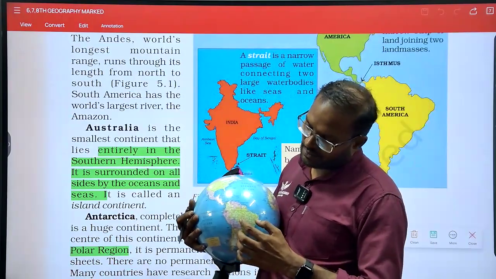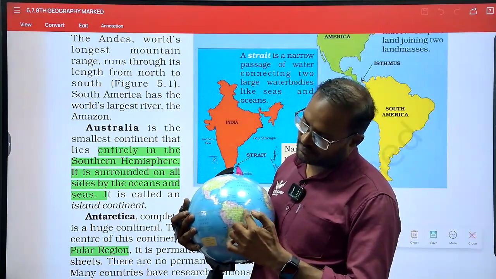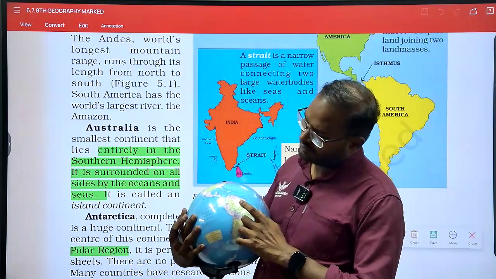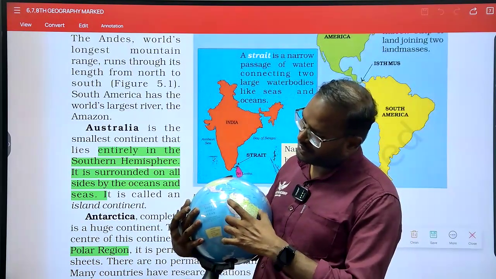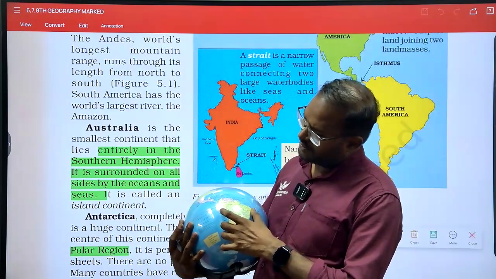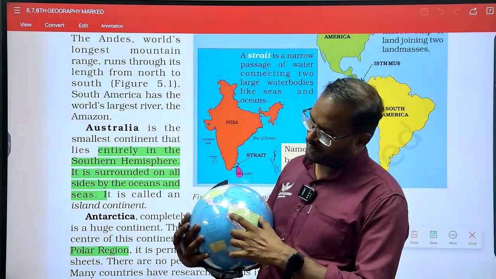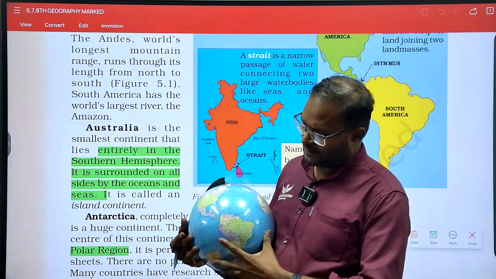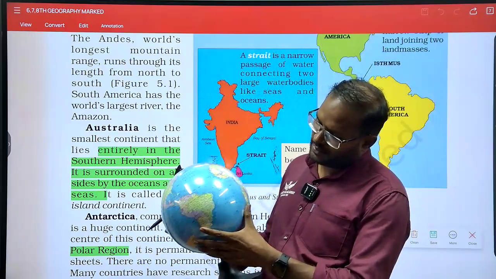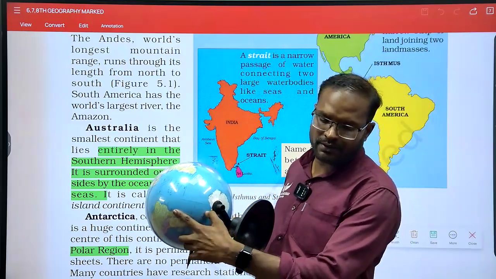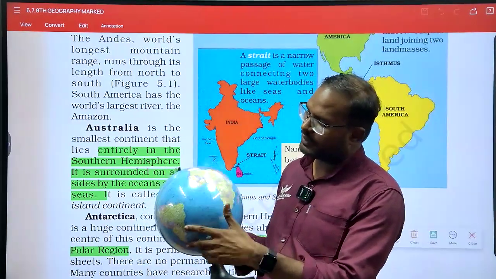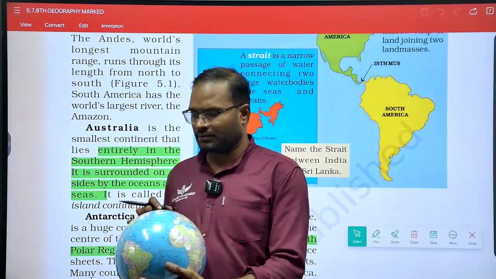In South America, the equator passes here, through Brazil, Colombia, Ecuador, and some part of Peru. In all four countries, the equator passes. Then Antarctica will be the southernmost, the southern pole continent. We can say polar continent.